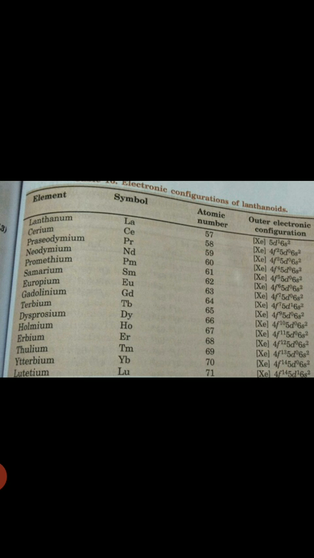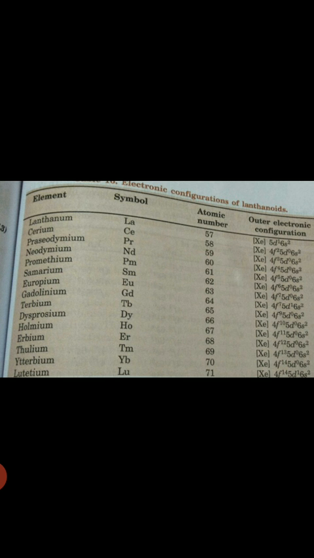Lanthanum, the first element here, Z equals 57, has the electronic configuration xenon 5d1 6s2. In the succeeding 14 elements, the 14 electrons are successively added to the 4f subshell. The next electron after lanthanum enters the 4f subshell, and the configuration of cerium, Z equals 58, is xenon 4f2 6s2.